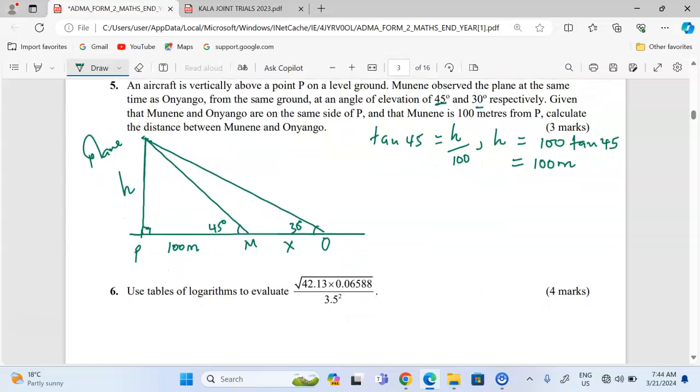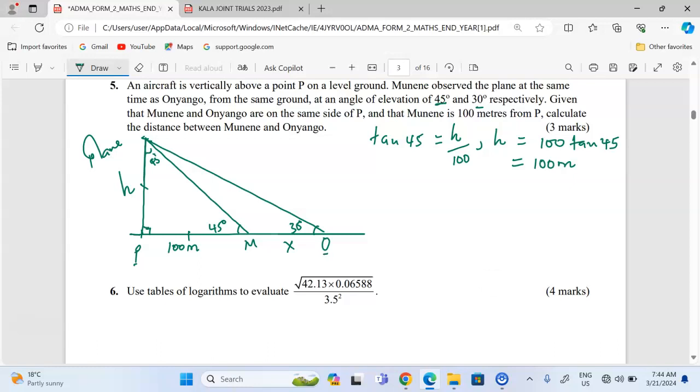Now with the height being 100 meters, this could have even applied this side being equal to this, because as long as we have a 90 here, then this angle will also be a 45. So with 45 and 45, these sides should eventually be equal. But now we can talk about the height again, re-expressed using the distance from P all the way to where Onyango is.